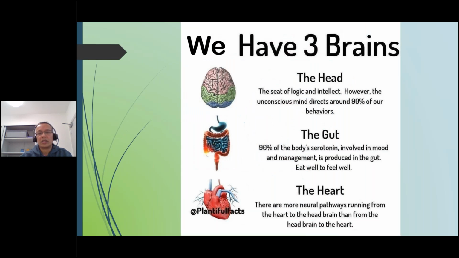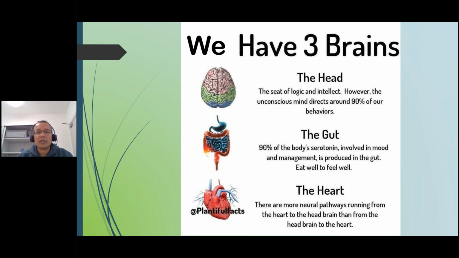Now this is coming to the polyvagal theory. This was a theory suggested by Dr. Stephen Porges in the 90s, in which he spoke about the vagus nerve that's present in our gut, in our bodies.